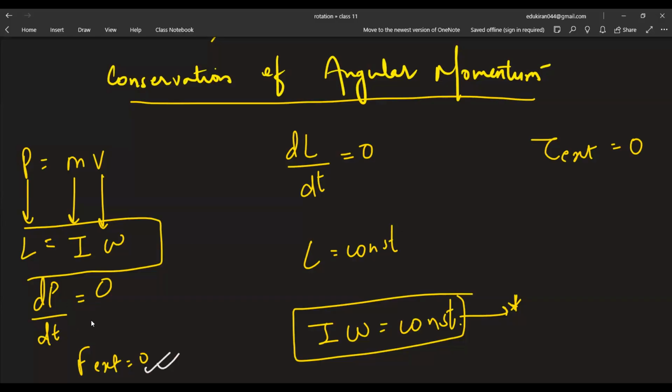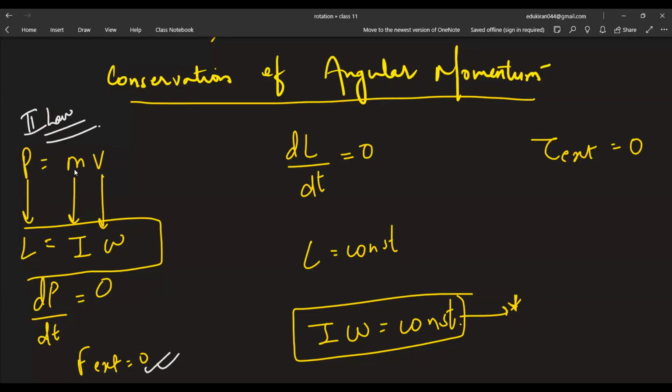Just revise Newton's second law. It will be helpful, so after today's class, take 2 minutes to read and revise it, because this is very much similar to conservation of angular momentum.